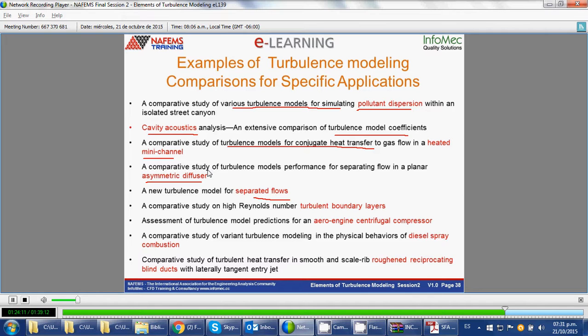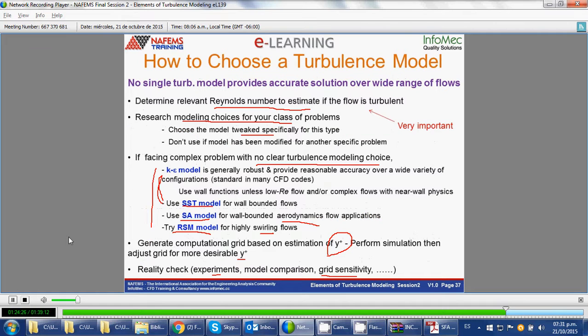There's a chance that somebody has looked at turbulence modeling for your type of application. But if not, maybe this could help you start up how you're going to do this. And again, you may have to do model comparison.